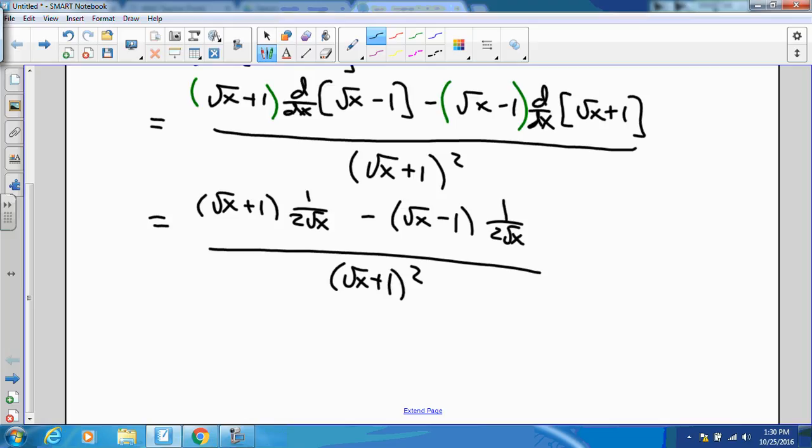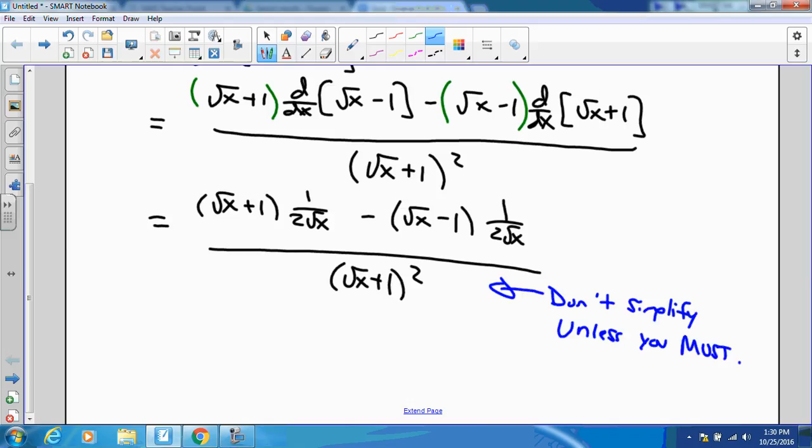Okay, so the next thing is: don't simplify unless you must. Now, the third thing is a matter of practical matters.